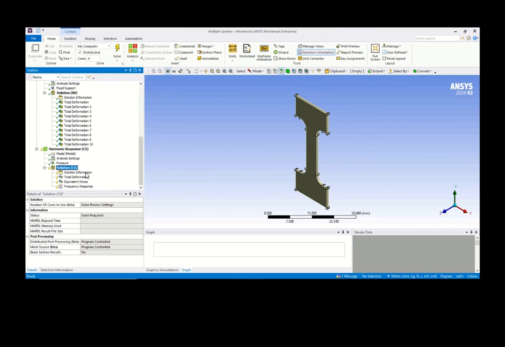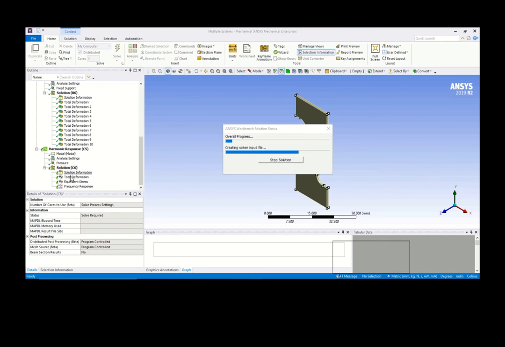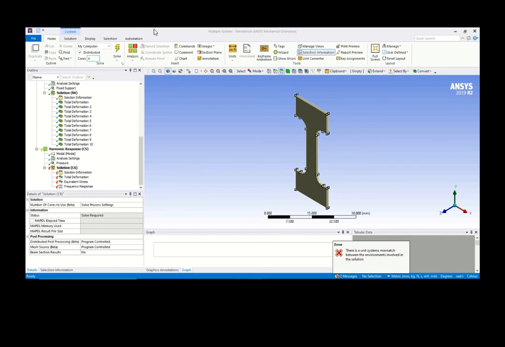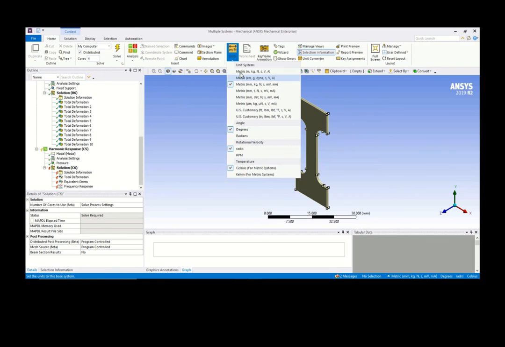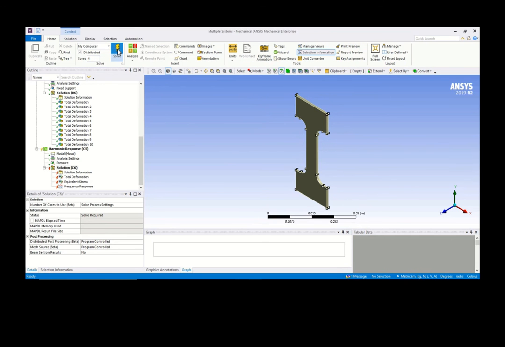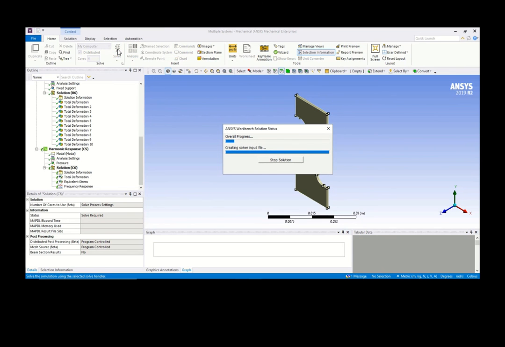you have to wait for a while. We have 10 data points to solve. Then you can have a look at the stress. At 356 hertz, because it's near the natural frequency, you induce very high vibrations, high deformation, and high stress.